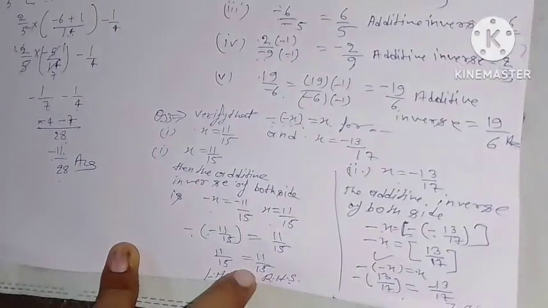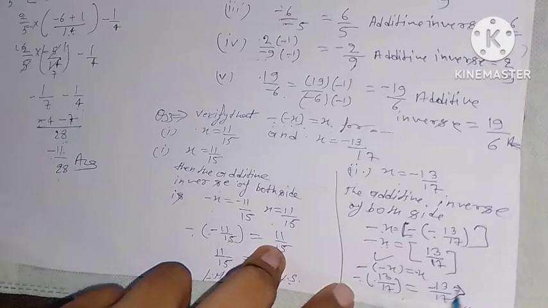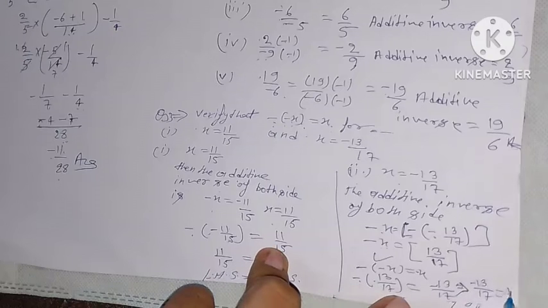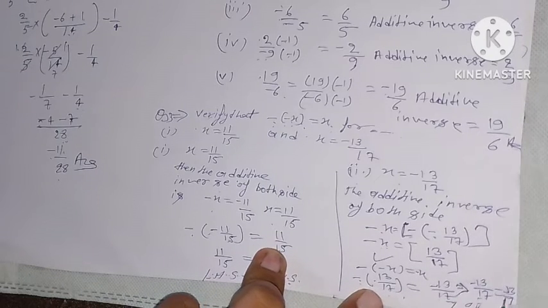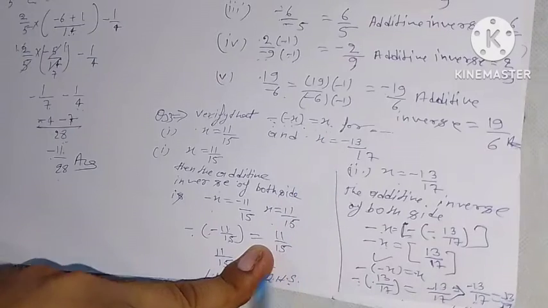Minus times plus is minus, so minus 13 upon 17 equals minus 13 upon 17. LHS equals RHS, so it is proved that minus x equals x. Okay.